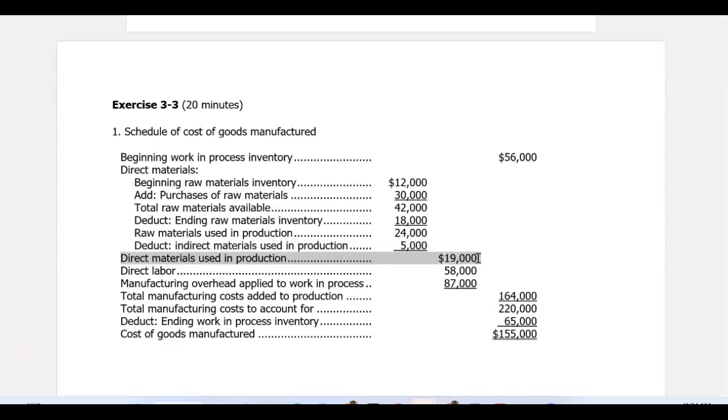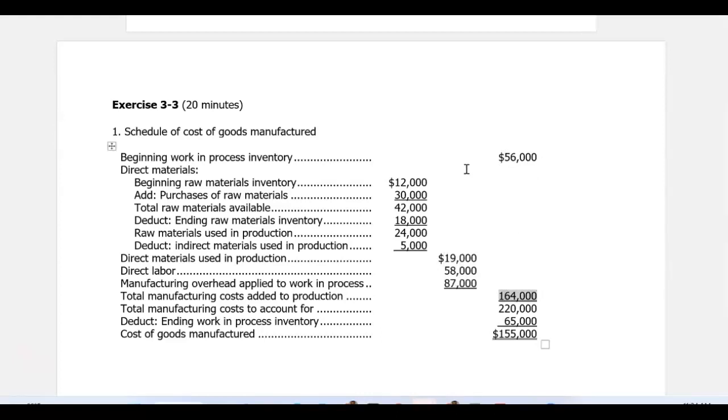Okay, so that's material. But in order to make a product, what else do you need? You need labor, that's 58,000. And you need manufacturing overhead applied to work in process, which is $87,000. If you add them up, that gives you, in this area, the added.